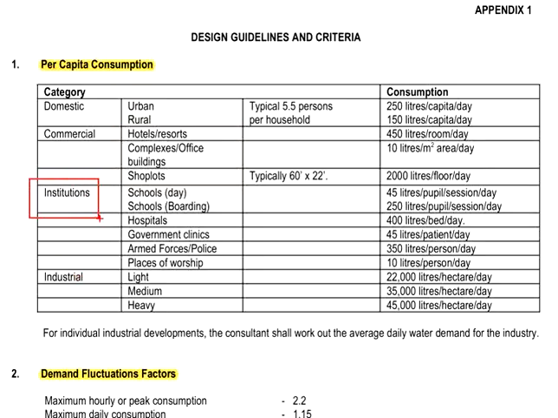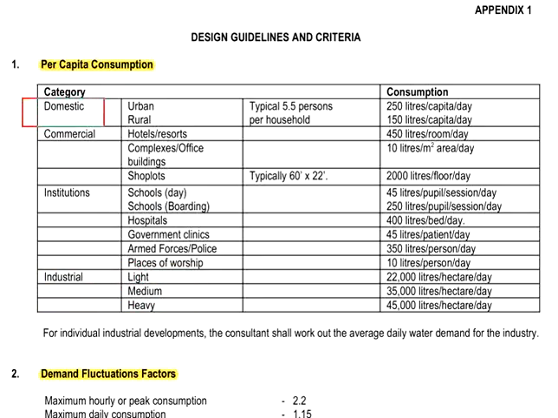We have institutions, schools, hospitals, government clinics, armed force, police, place of worship. And we have industrial, light, medium, and heavy industry.